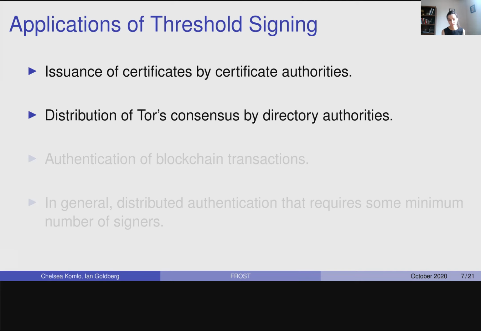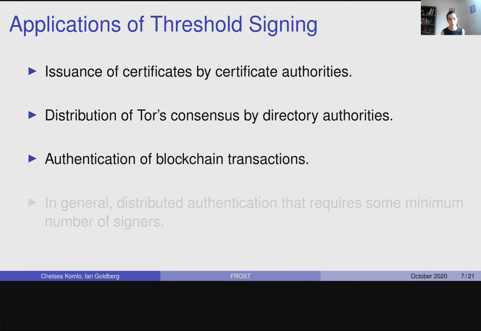Threshold signing has also been discussed in terms of distributing Tor's consensus. Tor requires signing their consensus by some number of directory authorities, all of which agree on the state of the network. And so threshold signing can be beneficial here in that only one signature is issued as opposed to N. So that's nice for bandwidth reasons.